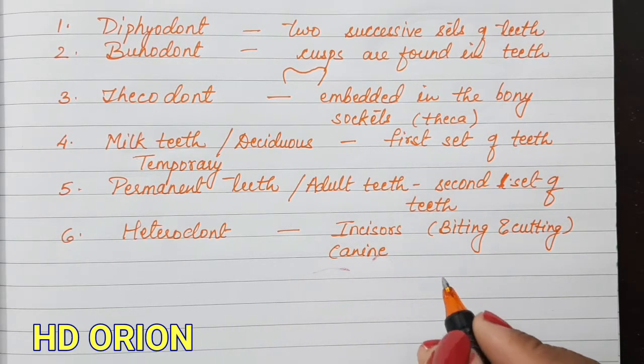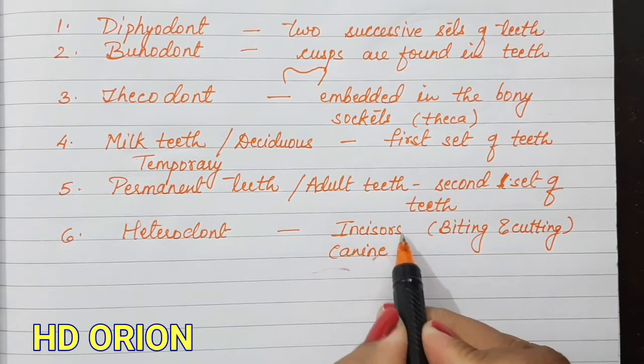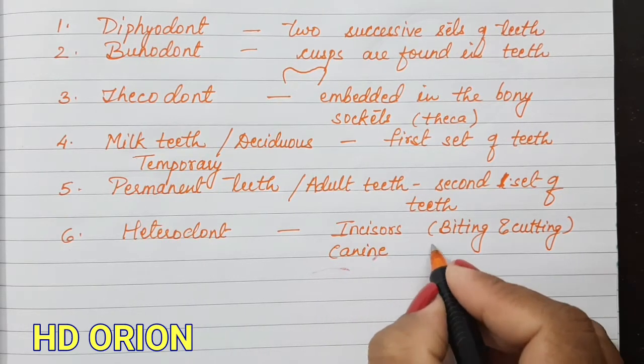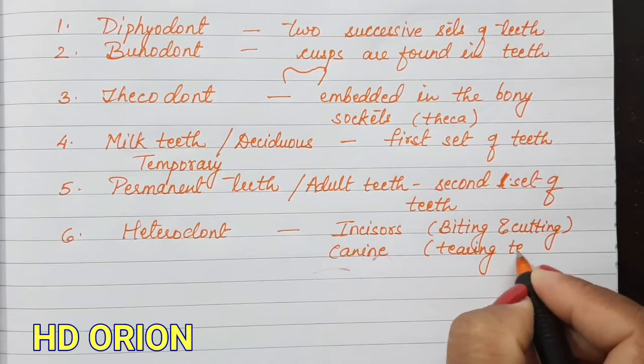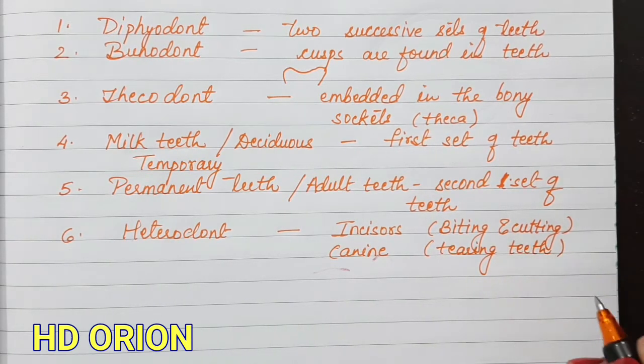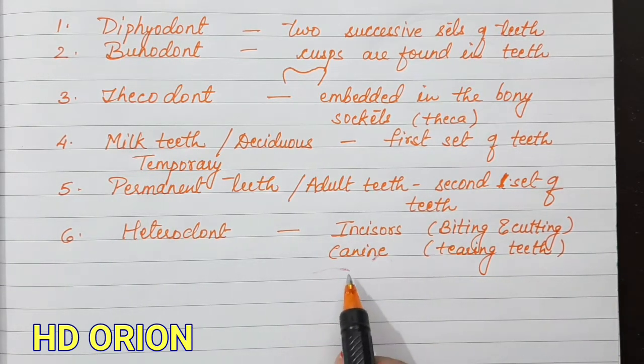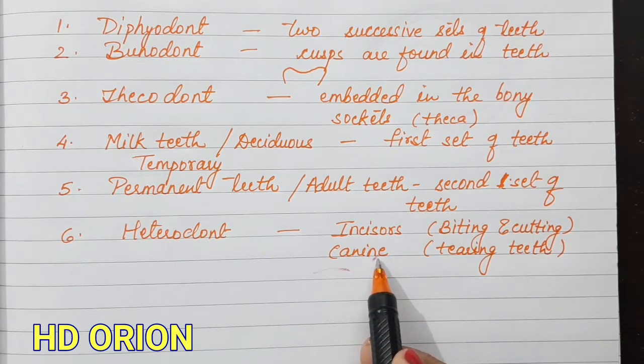These are very sharp and they are placed just after the incisors. The canines are known as tearing teeth because they are meant to tear apart the flesh. Since human beings eat cooked food, the canine is not very developed. Otherwise, in other carnivorous animals, the canines are very much evolved and they have very big canines.